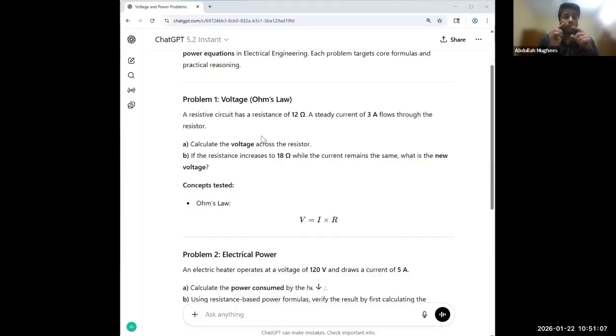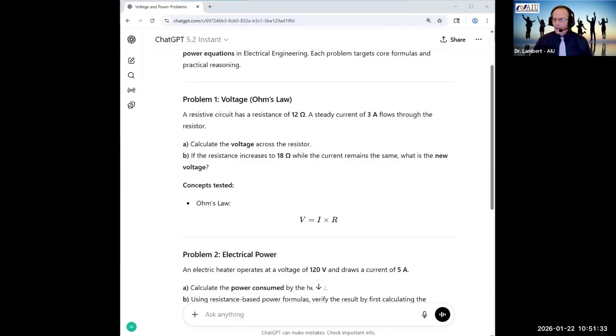We know the relationship of voltage, current, and resistance using Ohm's law. The value of resistance is given, the value of current is given, and we need to determine the value of voltage. The resistance is 12 ohms and the current is 3 amperes. So what would be the voltage attached to the circuit?